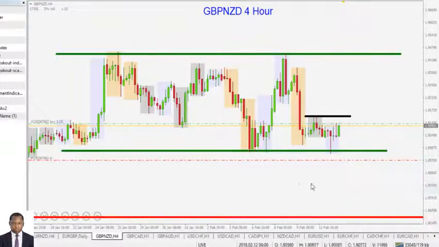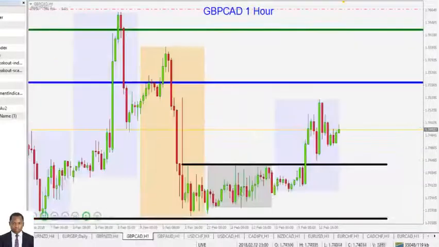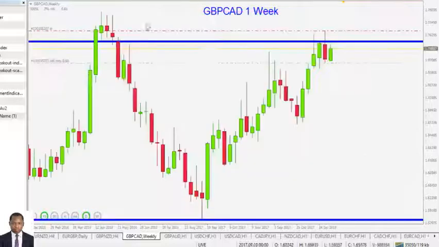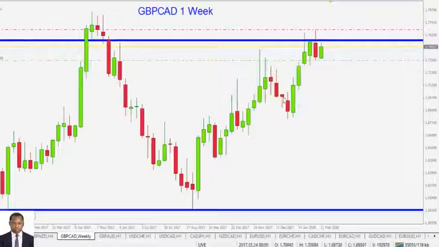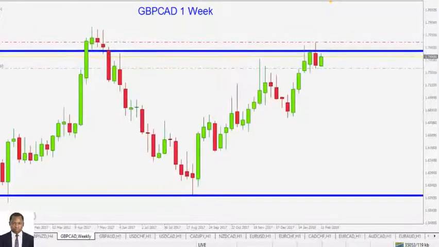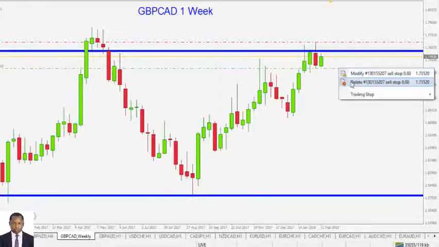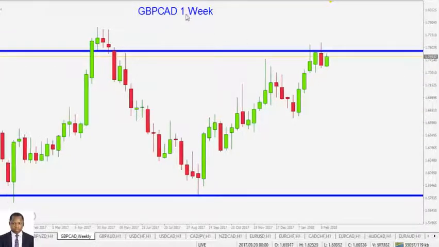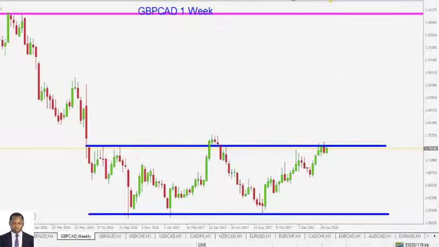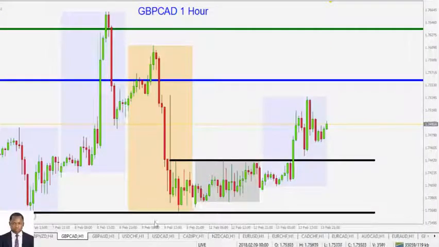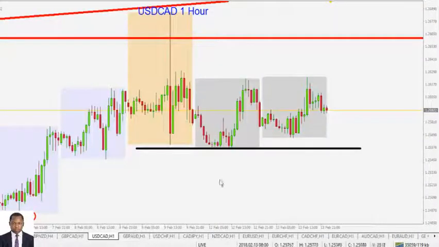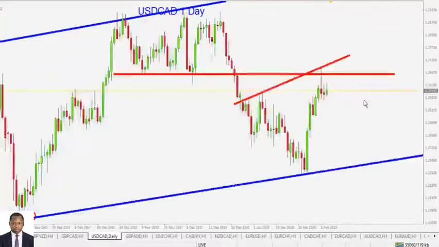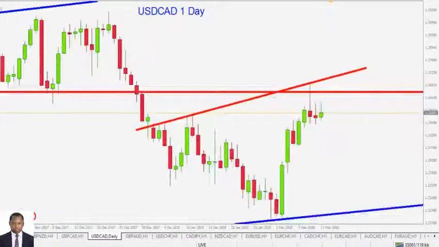Nothing much to talk about here. For the sterling pounds against the Canadian dollar in the weekly time frame, it is really not looking good. The current weekly candle has pushed just too far, so we are going to delete that order. Let's just cancel that, delete it. We are not keeping that order anymore. For the American dollar against the Canadian dollar, that order has been hit at break even.